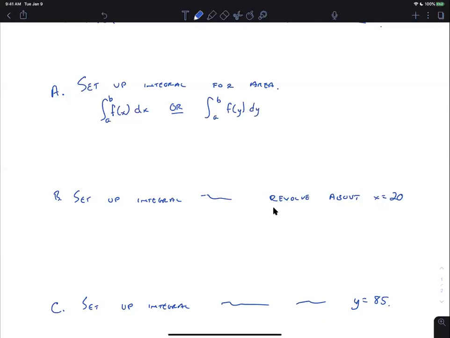It may be you're only supposed to use one, but in general it could be either. Does that make sense? Then it's going to have 4 answer blanks: an answer blank for A, for B, for f of x or f of y, and for dx or dy.